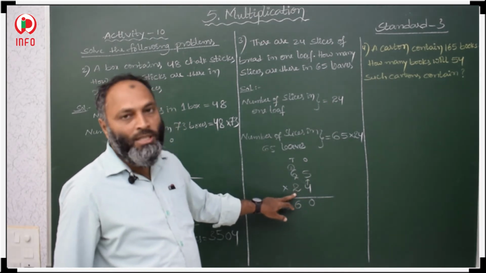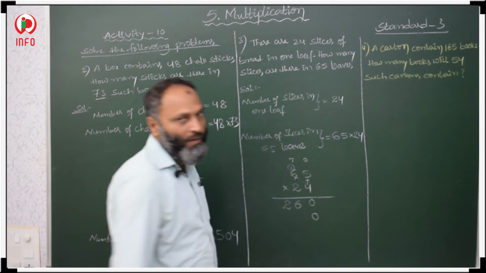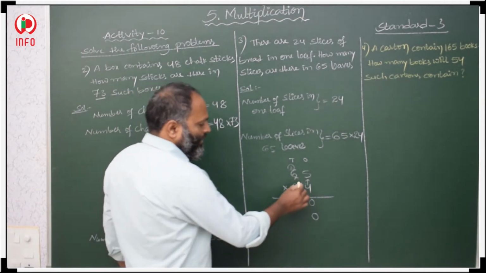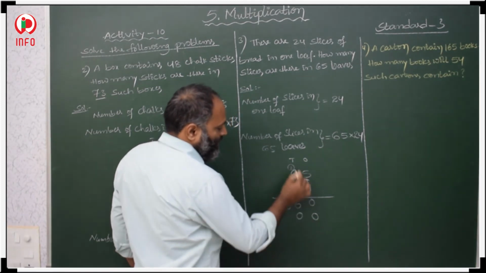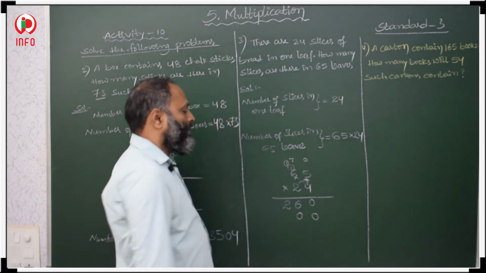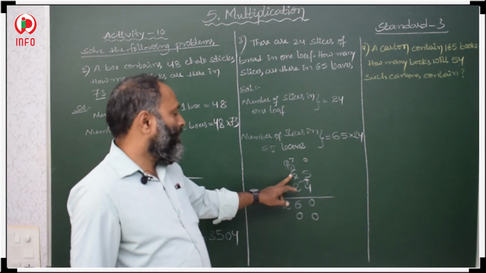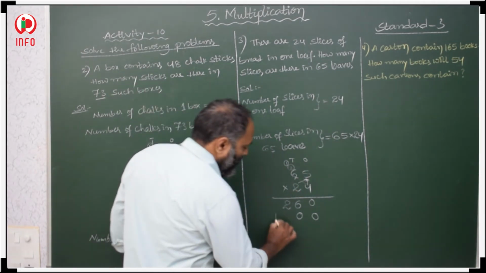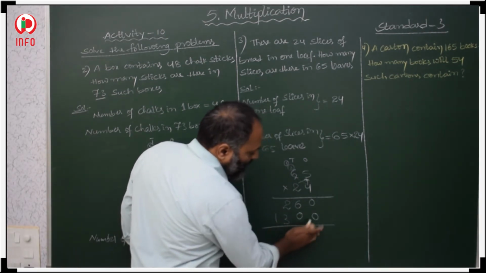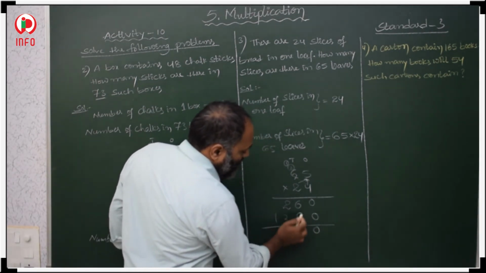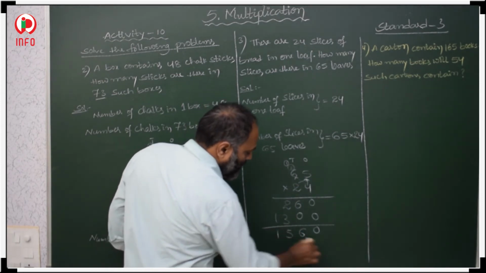Here this 2 is in the tens place, so we have to keep a 0 first in the ones place, then multiply. 2 5s are 10, 0 in the tens place and 1 carry. 2 6s are 12, 12 plus 1 is 13, then 6, 0 plus 0 is 0, 6 plus 0 is 6, 2 plus 3 is 5 and 1.